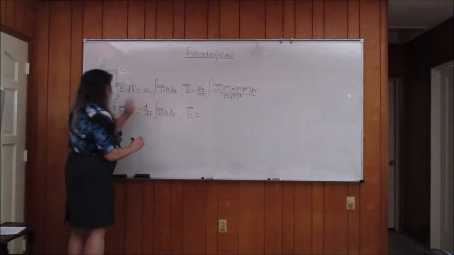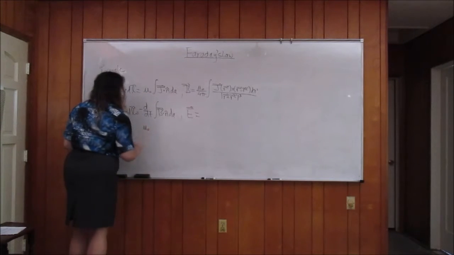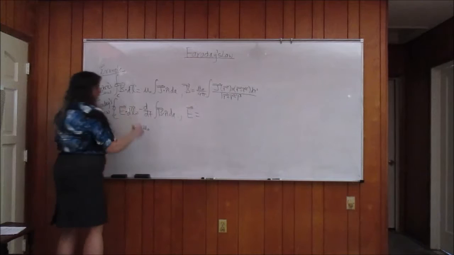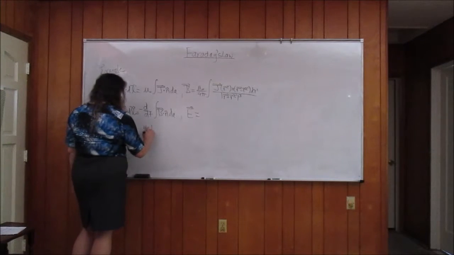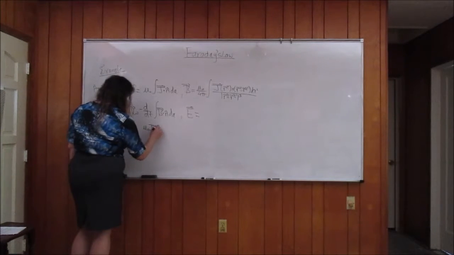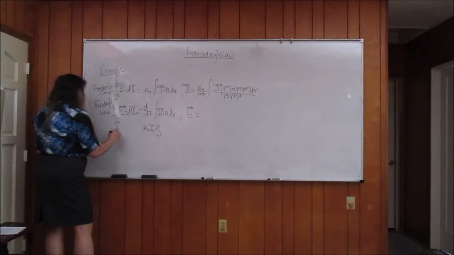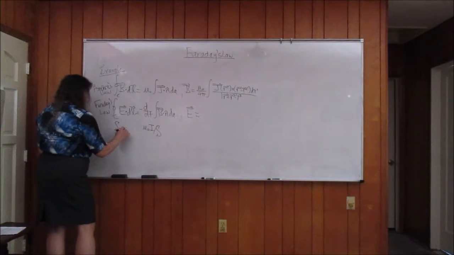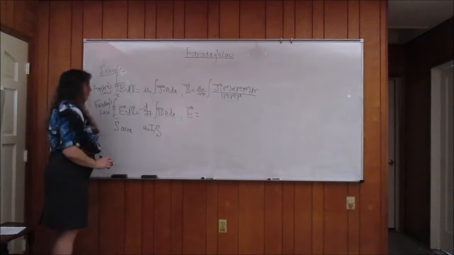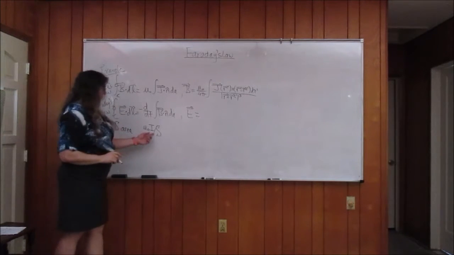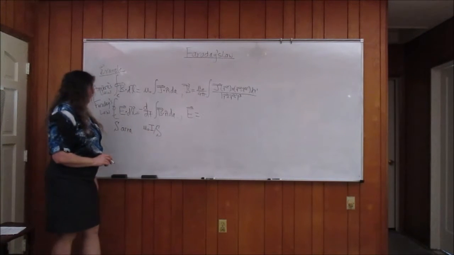Well, I see I've got mu naught up top, and I've got the volume current density, which basically I can write as the current per unit area, it's just the volume current density.